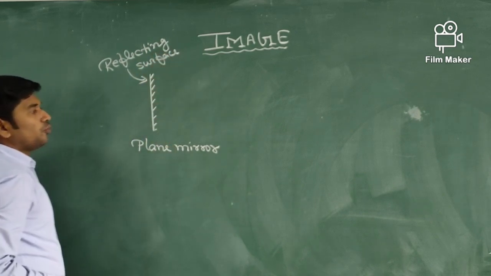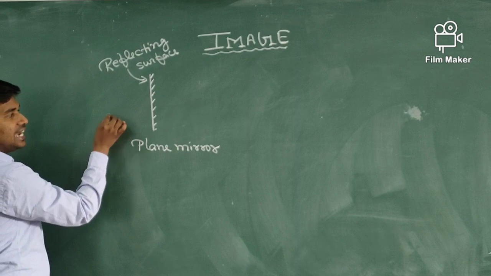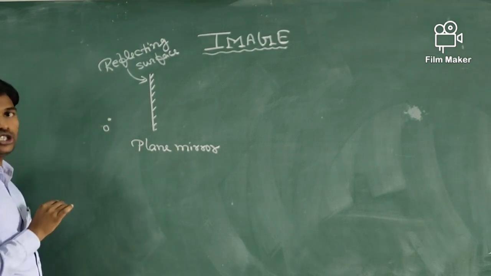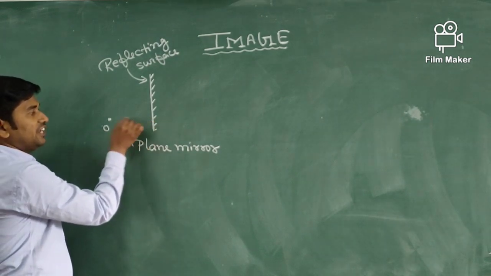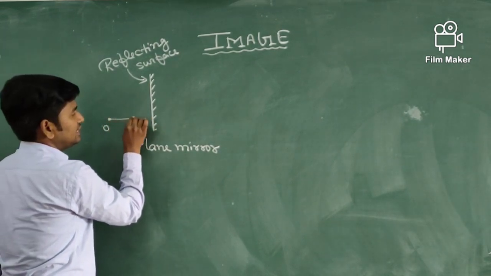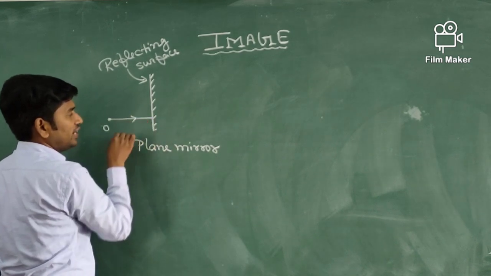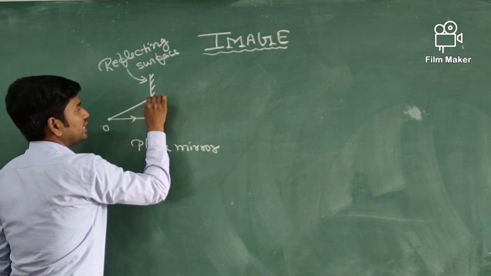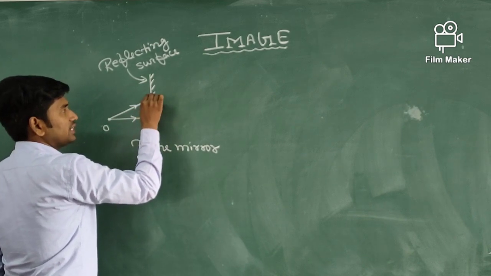Whenever an object is kept at a place, suppose O is a point object kept in front of a plane mirror. A ray of light is incident on the mirror, and another ray is also incident on the mirror.